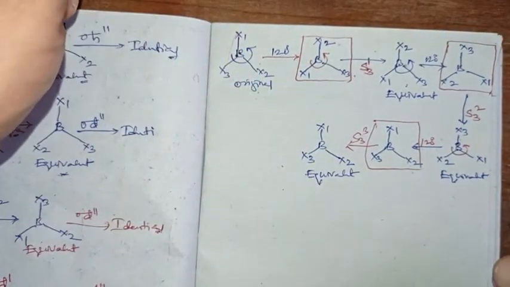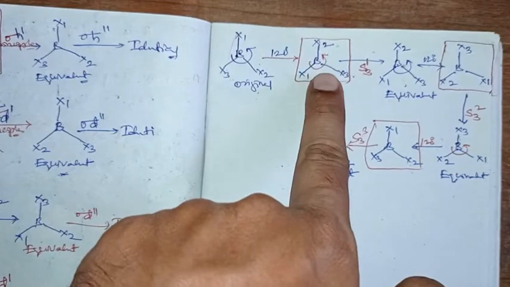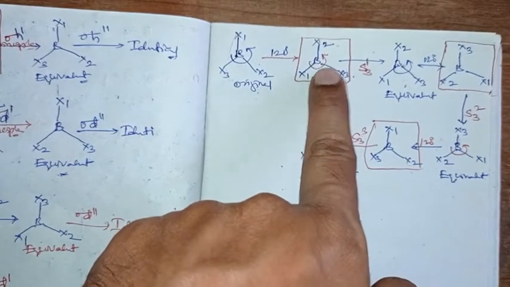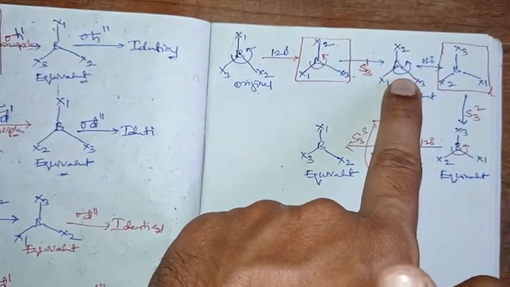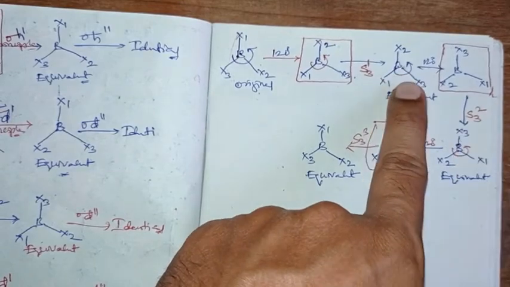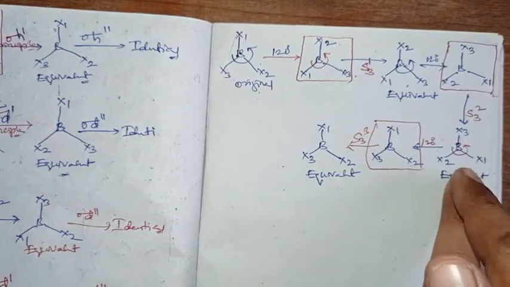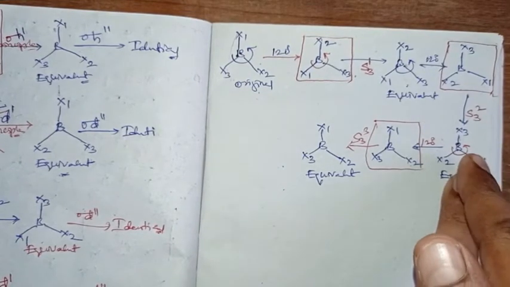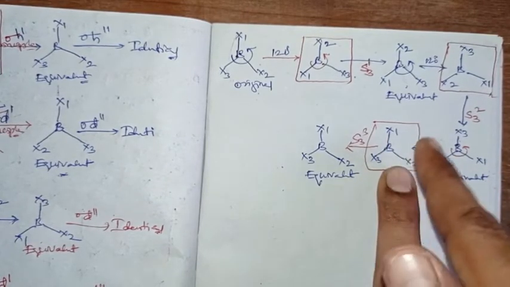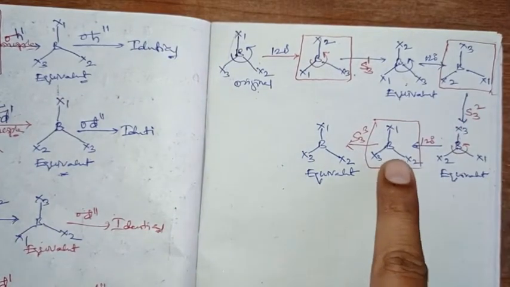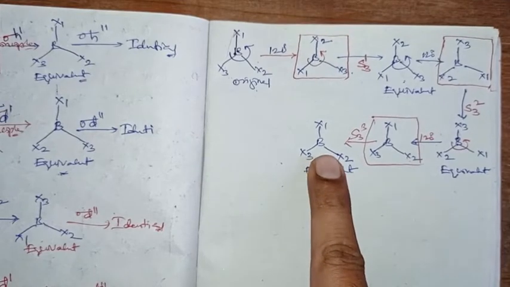Okay, got it? One more time, let me repeat. Initially while we do rotation, this will be the front face only, but in the front face when we make a plane, it becomes the back face. In this back face of the molecule we make rotation and reflection, and here you get the front face, right? Now in this front face we rotate, and here we make a plane, which makes the back reflection of faces. So the front face of the atoms becomes the back face to get this particular configuration.